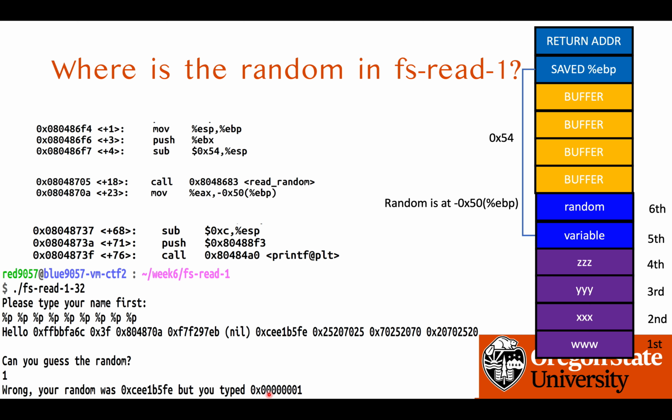Then we can see the random variable. So you can calculate the argument distance from the printf call to the random variable and make the perfect guess. For example, %6$p, then you will always see the random value printed here.